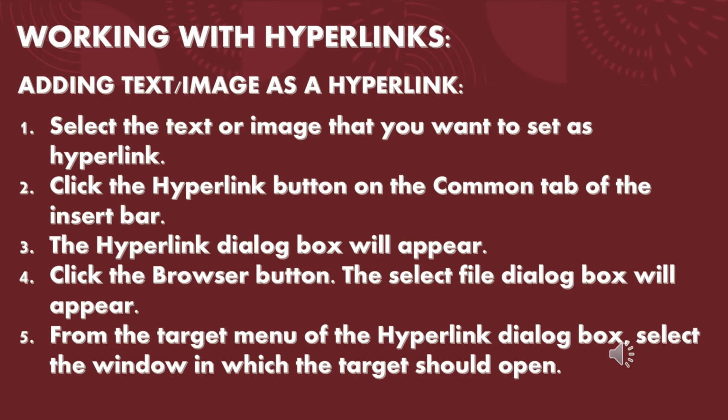Browse to the folder that has the target document for the hyperlink and then select the file. Then click OK to return to the hyperlink dialog box. From the target menu in the hyperlink dialog box, select the window in which the target file should open. Choose the following.